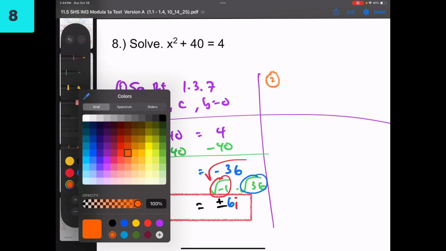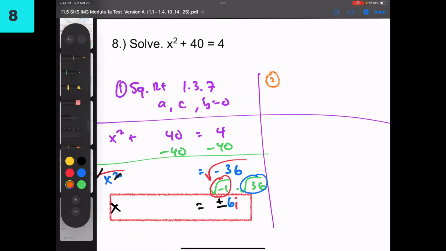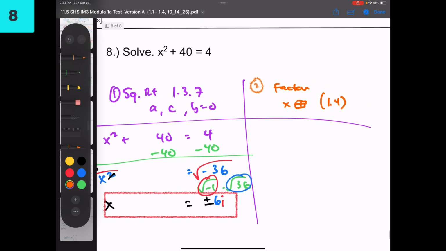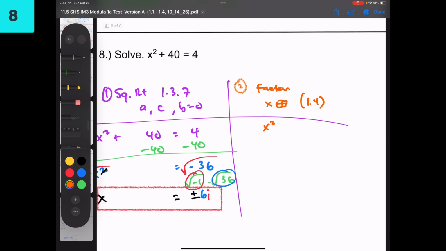Okay, so the second thing you have here is you can solve this by factoring. So x, box, and that's really your 1.4 packet. So x squared plus 36 equals 0, and we're trying to make this equal to 0. x squared plus 0x plus 36 equals 0.